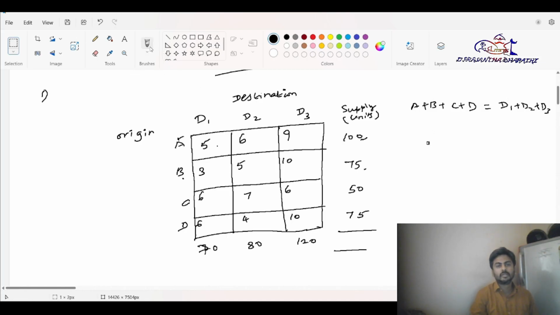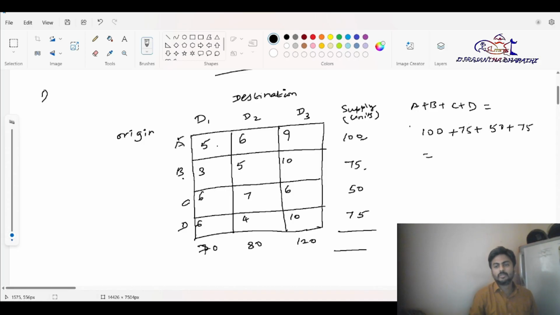Let us check with A plus B plus C plus D. You are having 100 plus 75 plus 50 plus 75, that is 75 plus 75 is 150, 200, you are having 300.